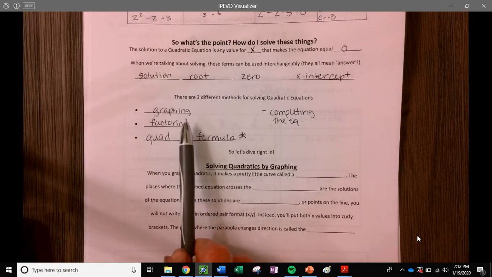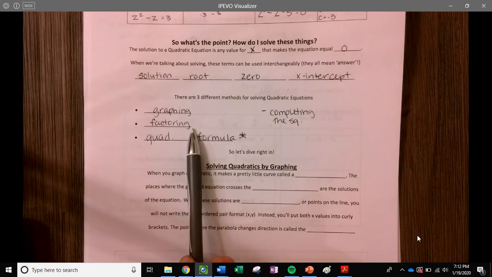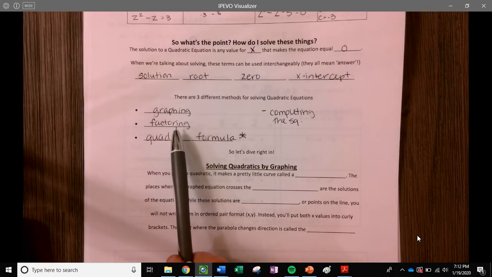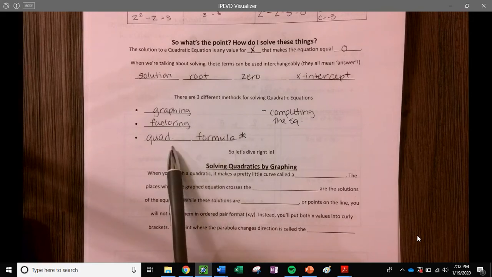So if you are instructed to use graphing or factoring, please do. If that's your go-to method first, but you can recognize that it doesn't work and then move on, that's fine. Me, I like to just use the quadratic formula every time because I think it's pretty fast. But I'm going to teach all of them to you so that you have all of those methods at your disposal. So the first one we're going to talk about is graphing.